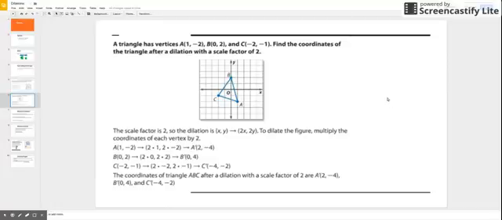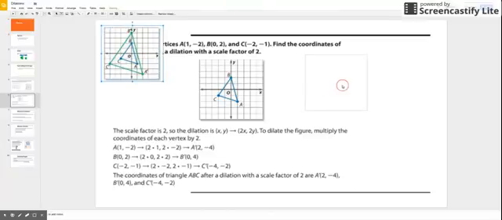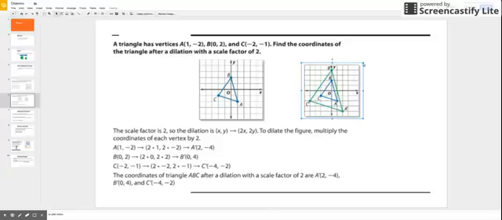Just in case you wanted to see what that looks like on a graph, it looks like this. In the blue, we have the pre-image, which is what we started off with, and in the green is where our image is.